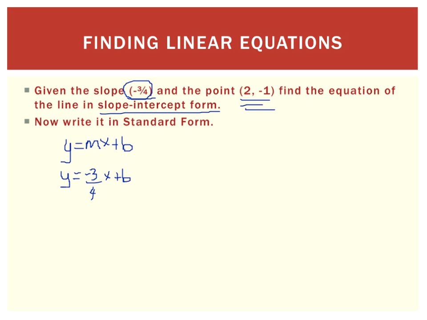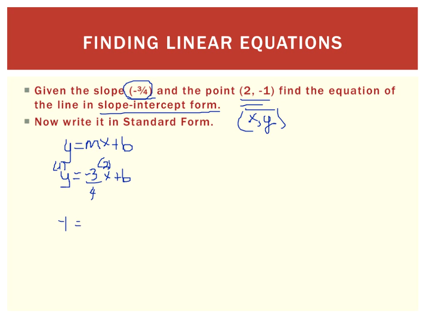Good. You see that we have this point here, and this point is an x, y. All right? So this x value then of 2 can get substituted in for where I have that x value, and the y value of negative 1 will get substituted in.